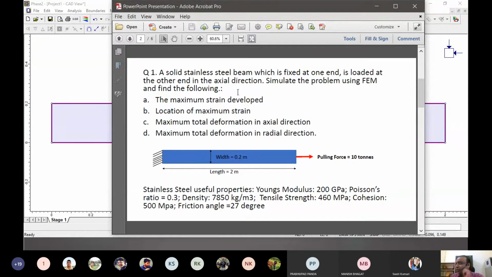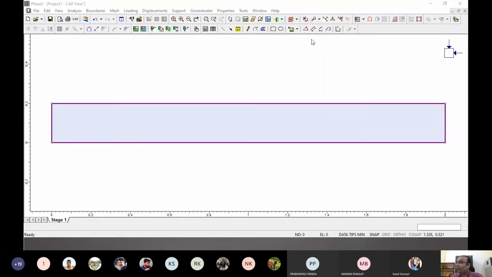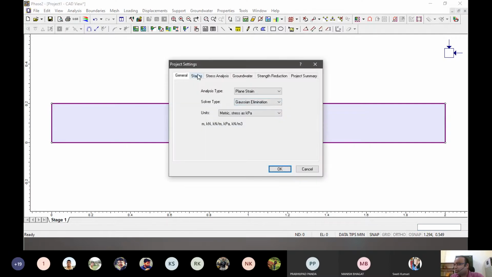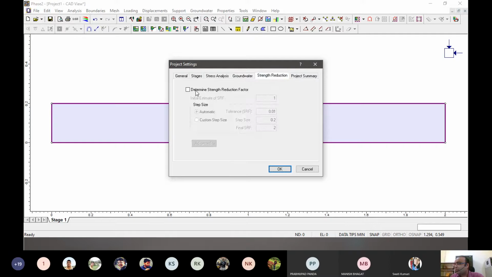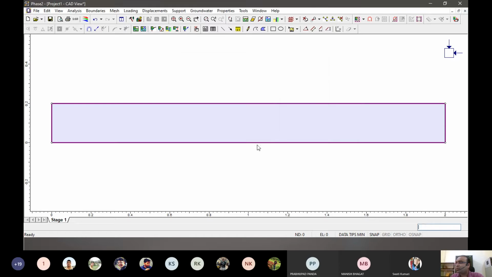So that's what we have to use. When we do the analysis, we just check what kind of analysis we are doing, and it is in 10 tons, so that's okay. We are not doing a strength reduction, and other things are all in order, so that's done.